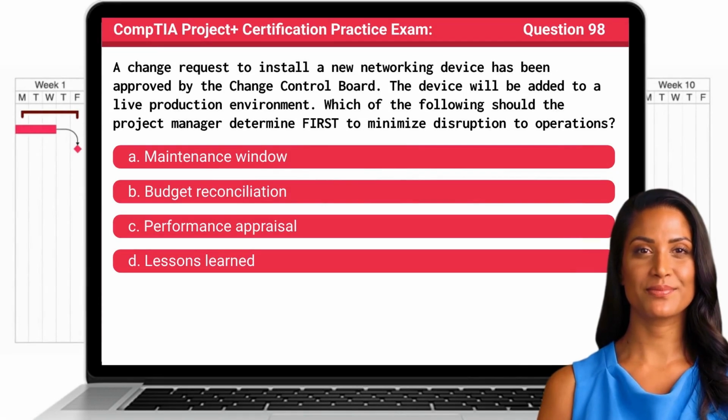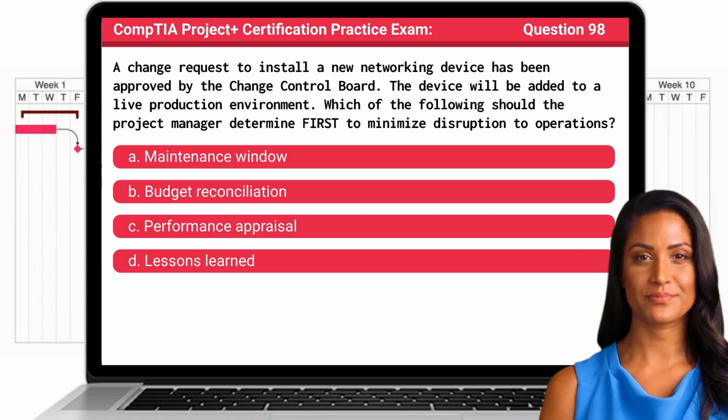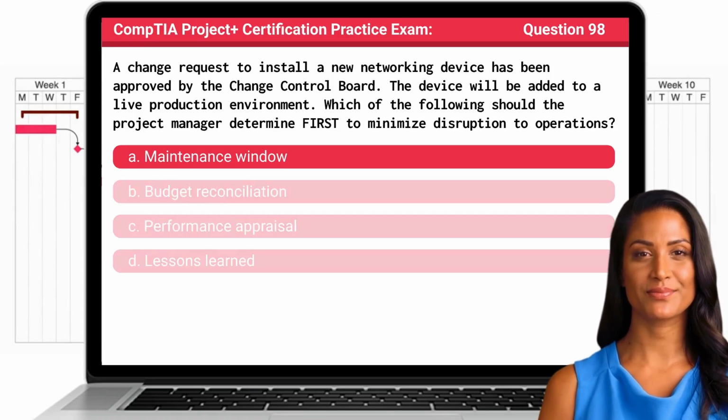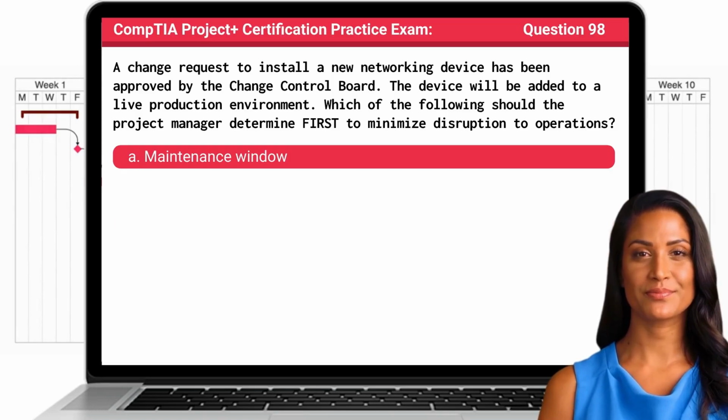Question 98. A change request to install a new networking device has been approved by the Change Control Board. The device will be added to a live production environment. Which of the following should the project manager determine first to minimize disruption to operations? The answer is A. Maintenance window.